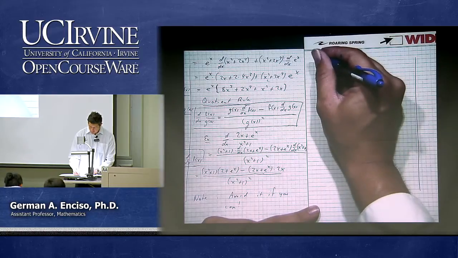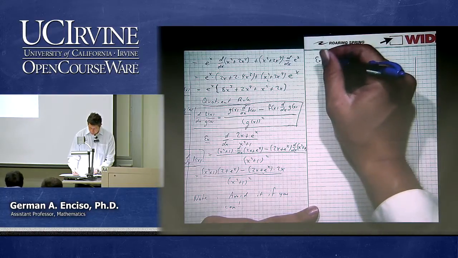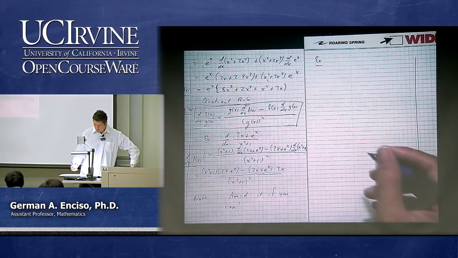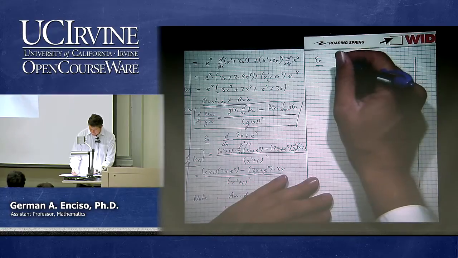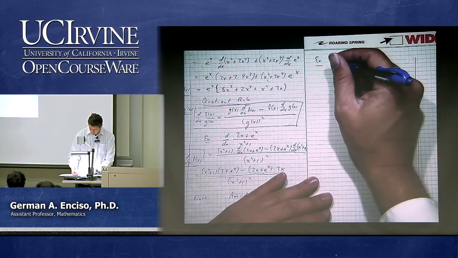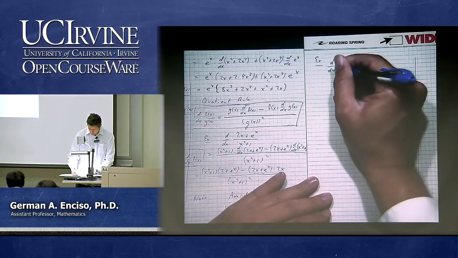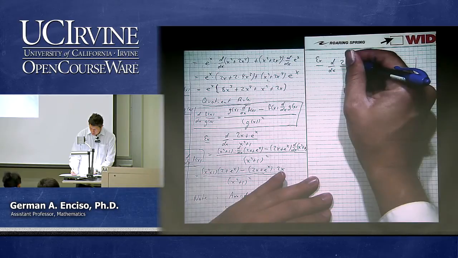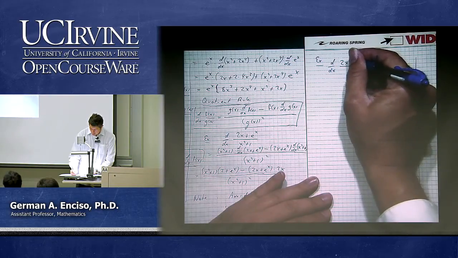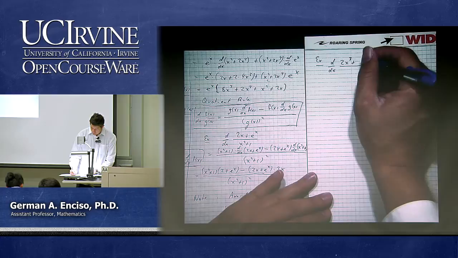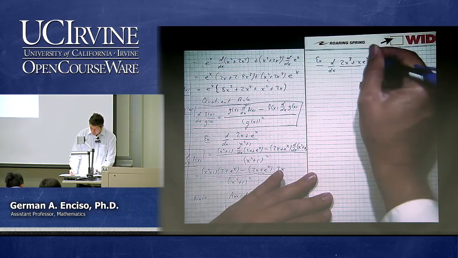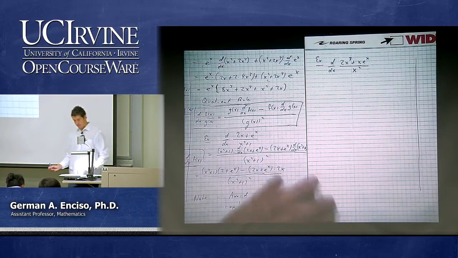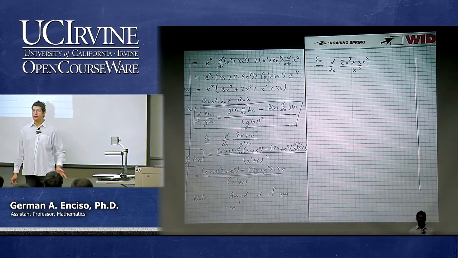So, for example, let's see, if you write the derivative of, let's say, 2x to the 3 plus x e to the x divided by x squared, you would think, well, that's the quotient rule, right?